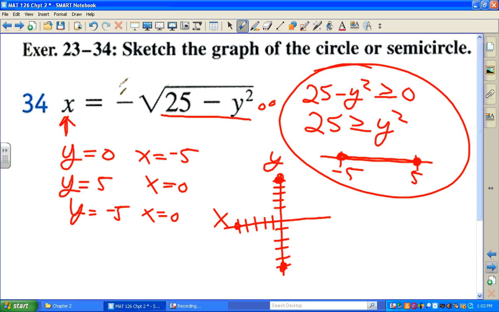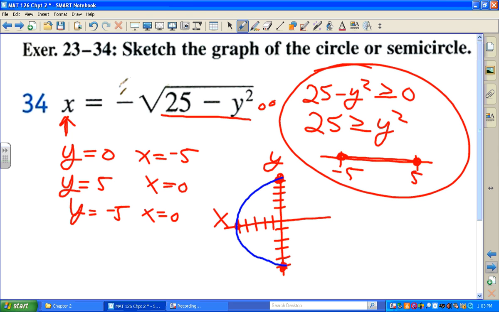There's no memorizing on some of these problems. It's just thinking about it. That's what I like about these problems, the thinking. If you can think your way through, you're fine. I think that works, doesn't it? It's a semicircle.